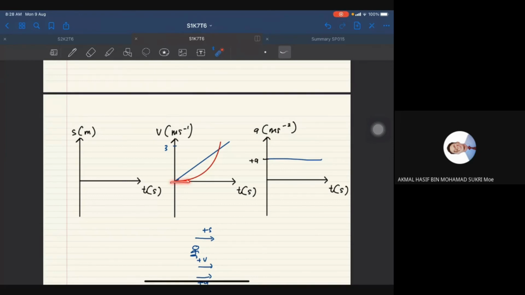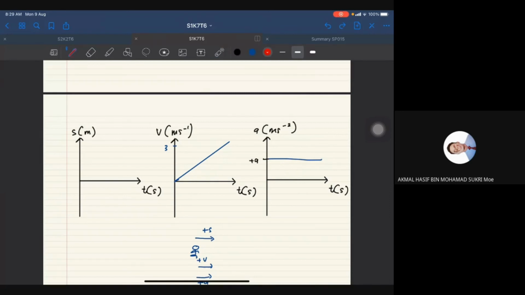So initially the acceleration is 0. So as it goes in this direction, the acceleration increases, or the gradient becomes steeper. Okay, it only indicates that the acceleration is increased. So if I want to draw it like this, then my graph of acceleration should be like this. Okay, understand? Okay, sir.